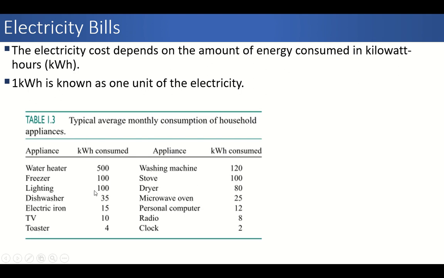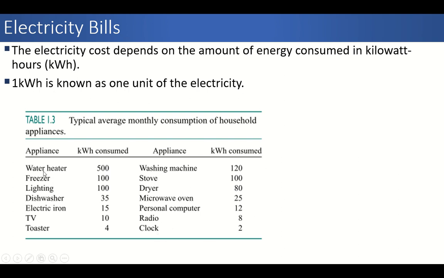So we can compute the wattage of the different appliances that we use in the home, just like a water heater could be consuming 500 kilowatt hours per month, and a freezer could be consuming 100 units of energy. Lighting could be consuming 100 kilowatt hour per month, and a dishwasher 35, electric iron, TV, toaster, washing machine, stove, dryer, microwave oven, personal computer, radio, or clock.